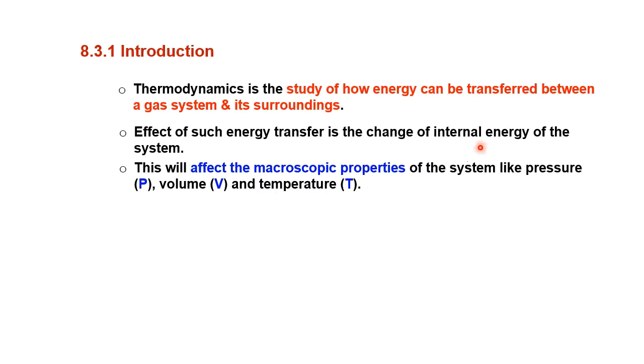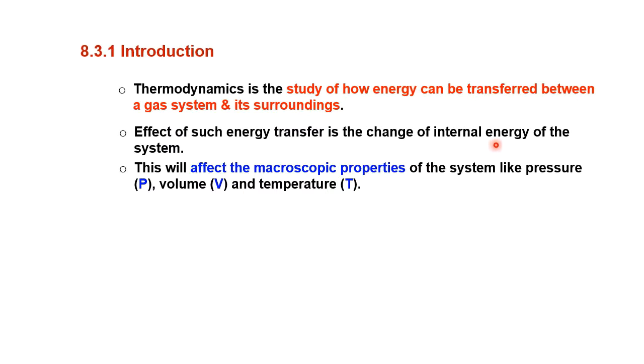It is the energy of the particles in the system, where in the gas we have particles that have kinetic energy and potential energy. For an ideal gas, the particles only have kinetic energy. When the internal energy increases, the kinetic energy of the particles in the gas also increases.